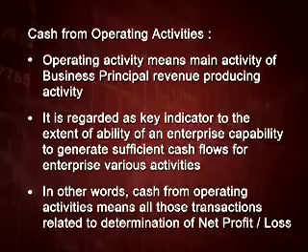In other words, we can say cash from operating activity means all those transactions related to the determination of net profit or loss. Let us understand operating activity with some examples.